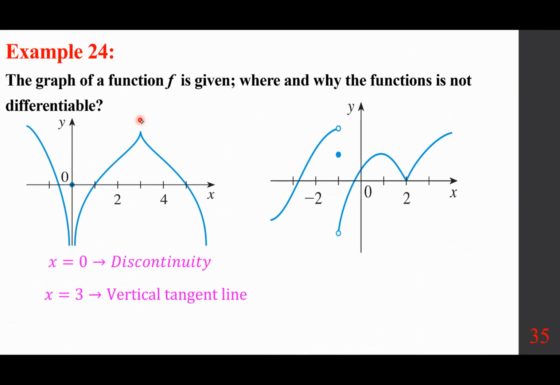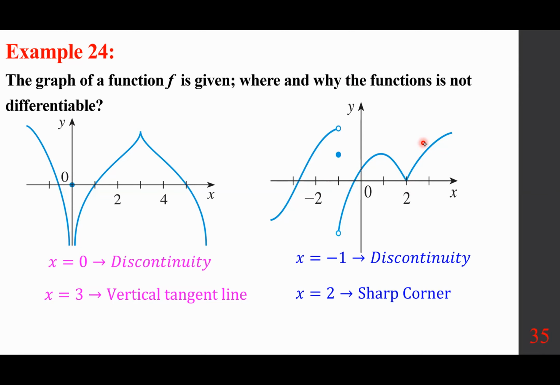I'm going to go over this concept in a moment with more details. This one, clearly at x equals -1, there's a discontinuity. And at x equals 2, we have a sharp corner.